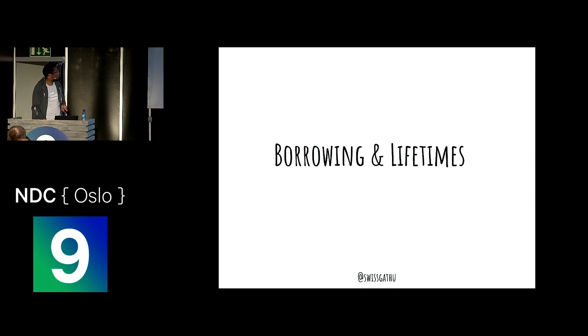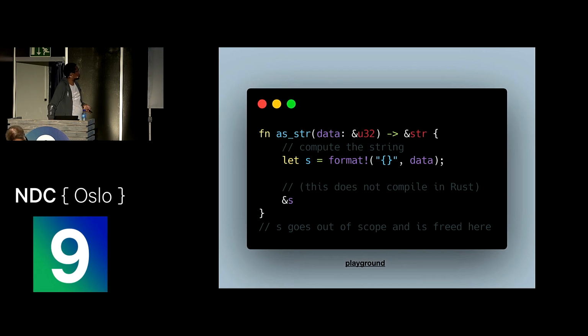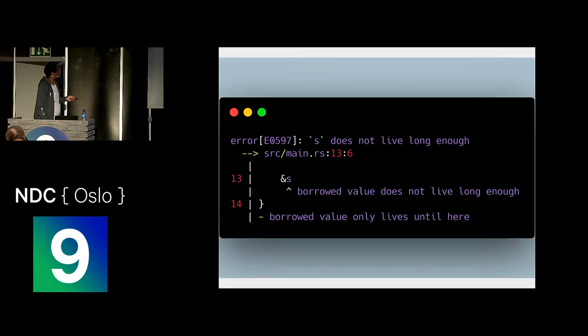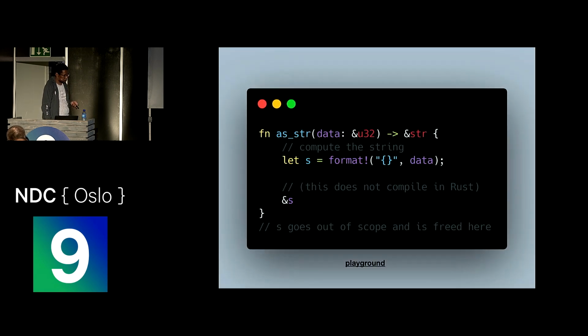So here is some code just to try and illustrate how ownership and borrowing works in Rust. So you have a function that is formatting an integer into a string. And then here, instead of returning the value, we are returning a reference.